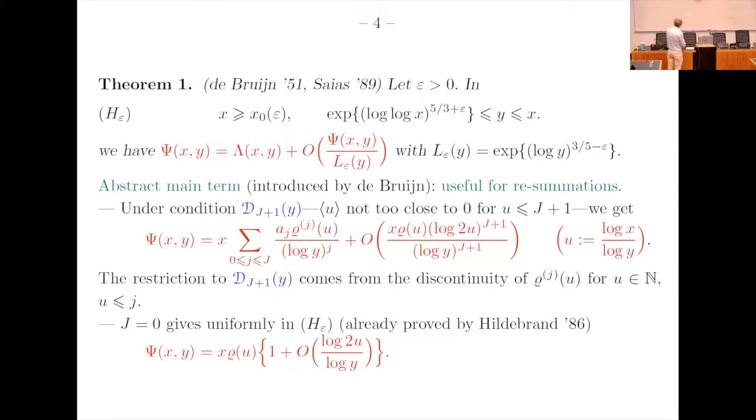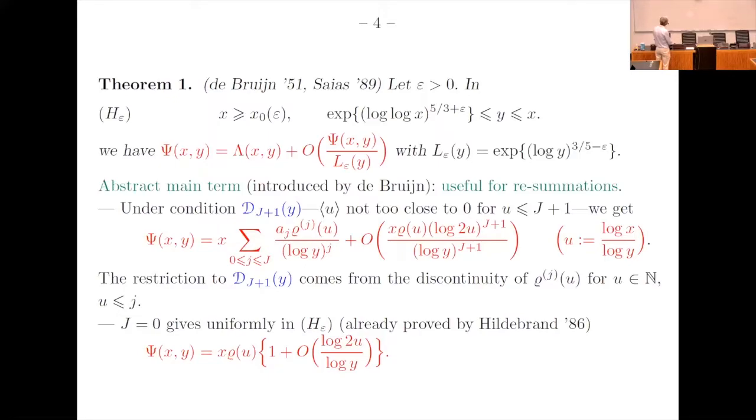But this estimate is valid when the fractional part of u is not too close to 0, when u is less than capital J plus 1. And this restriction is very important. We will see in our result that it's very important not to be too close to small u, when u is, well, a small integer.